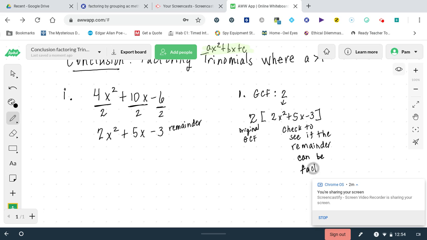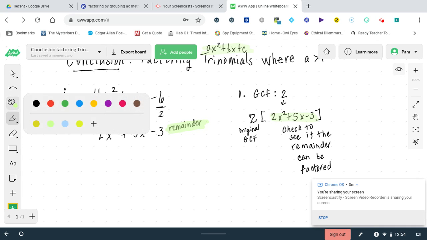So we're going to check to see if that remainder can be factored. Again, this is our remainder. Let me highlight it. That's our remainder. I need to check to see if that can be factored.